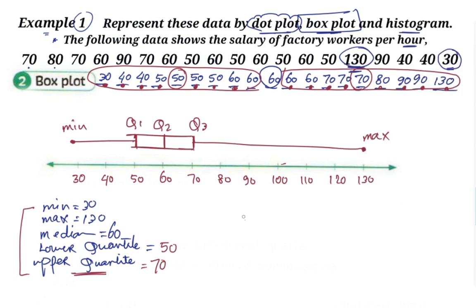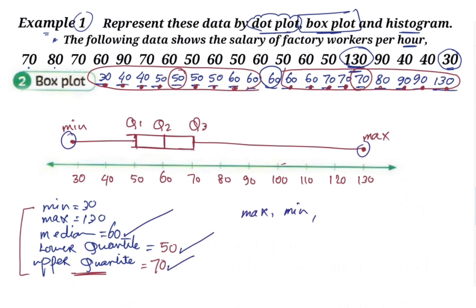I can know the minimum and maximum, it's easy. What else? Median, lower quartile, upper quartile. So any question about these 5 numbers is easy to answer.